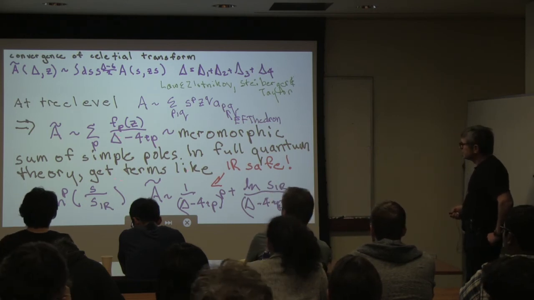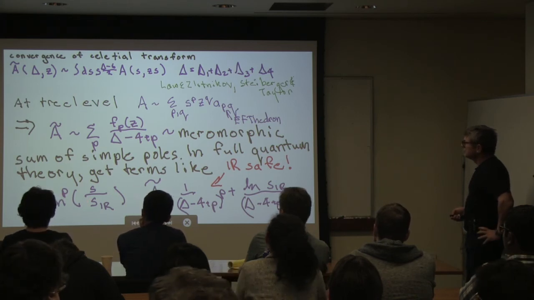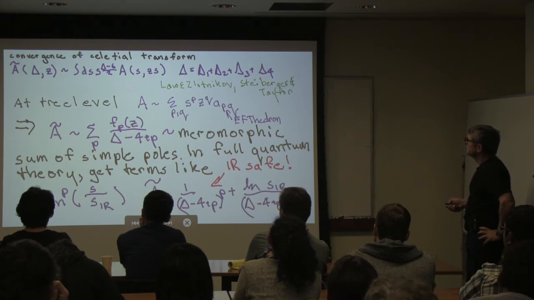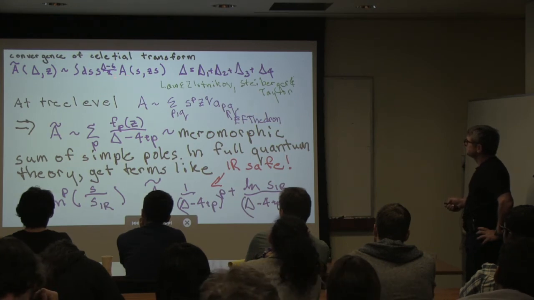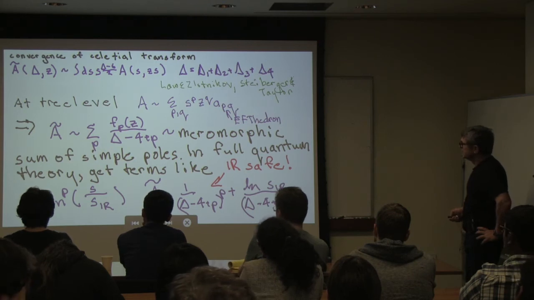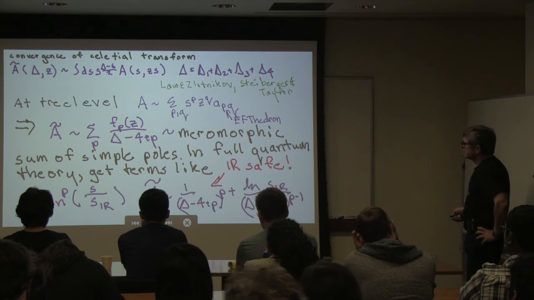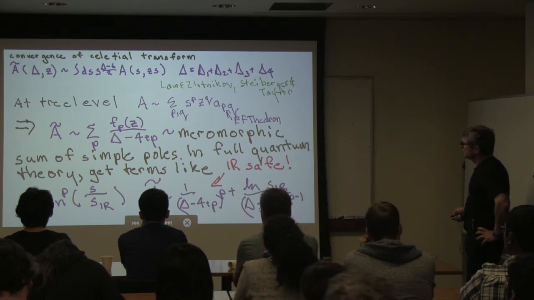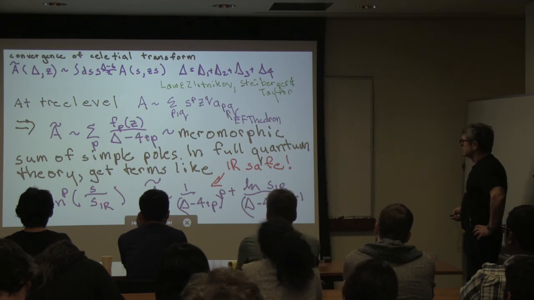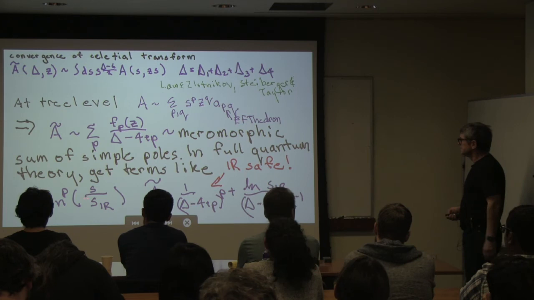Now, in the full quantum theory, we'll also get logarithms, but if we assume that this amplitude isn't going to infinity somewhere, the only place we can get divergences again is at small S, and it's not too hard to see that if you have the pth power of a logarithm at small S, the simple pole becomes a pole of order p.